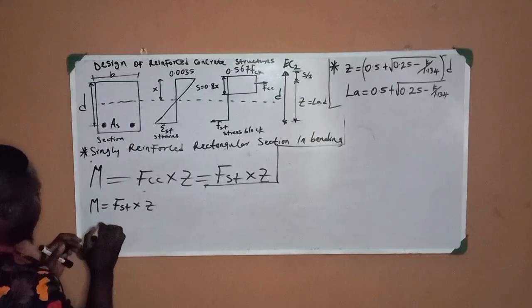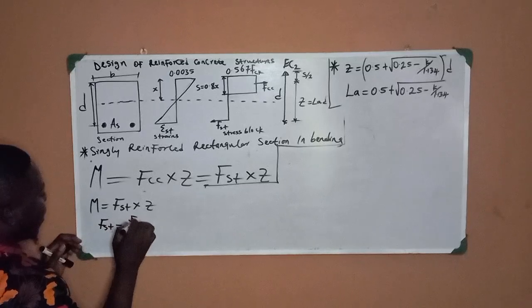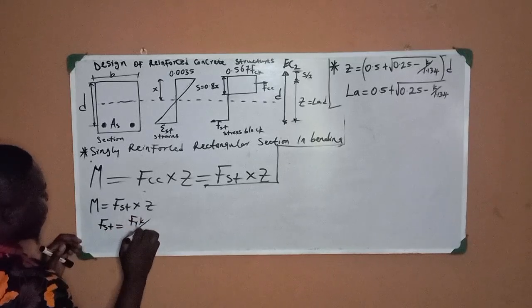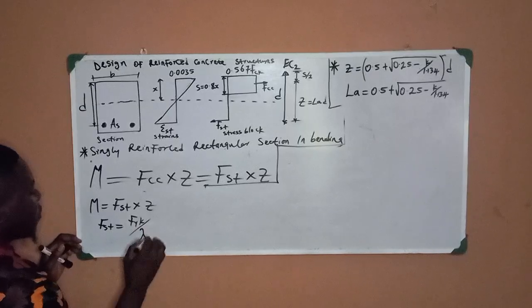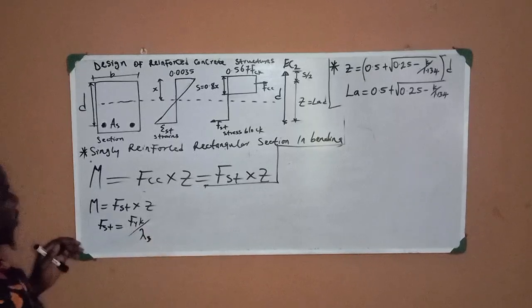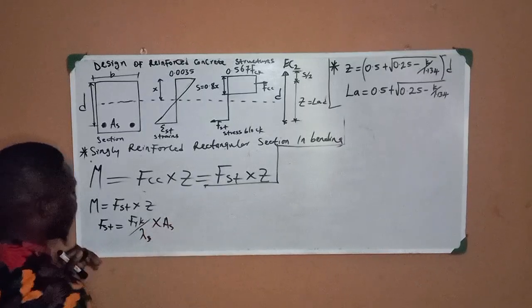So Fst is equal to fyk over the partial factor of safety, multiplied by your As.